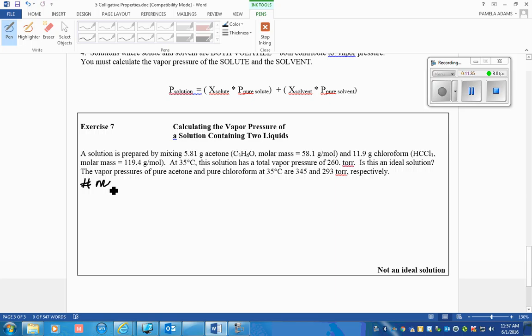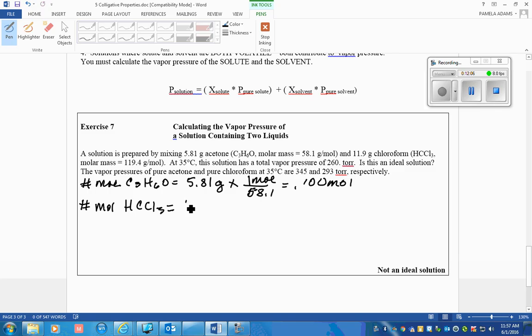I need to know the number of moles of the acetone equal to its amount in the solution, and we find we have 0.1 mole of acetone. And then we have to find the number of moles of chloroform, which is acting as the solvent here.